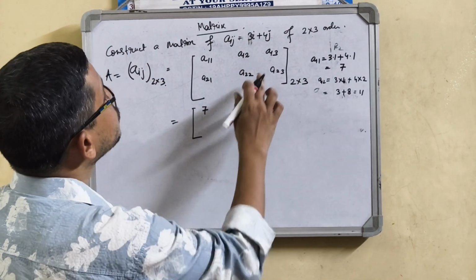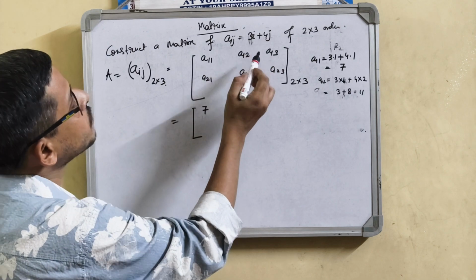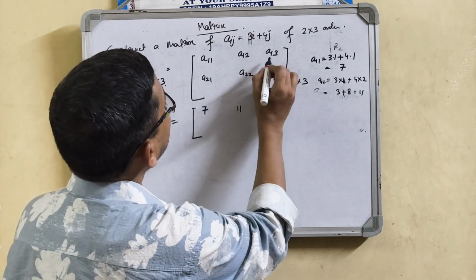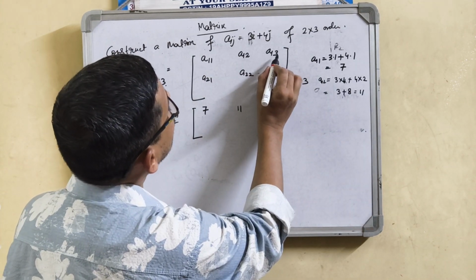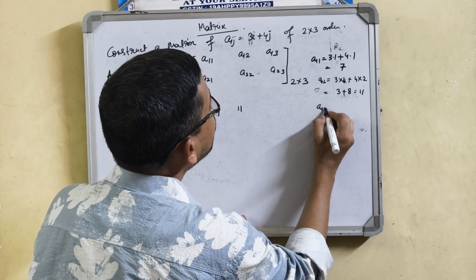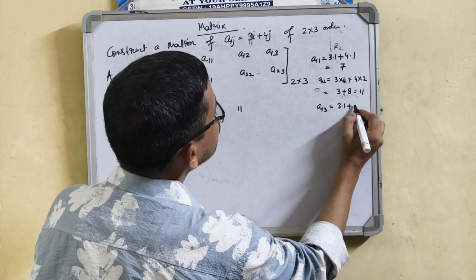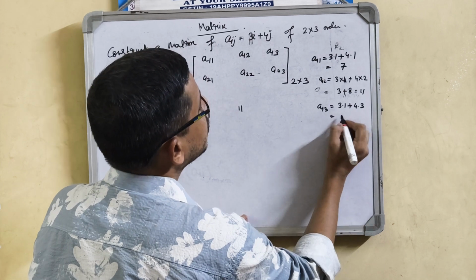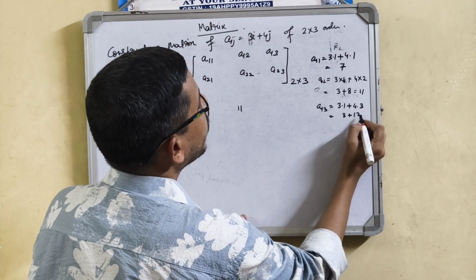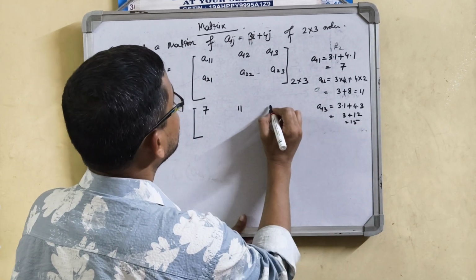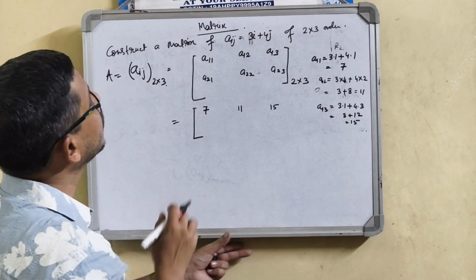Then A13: we substitute i equal to 1 and j equal to 3. So 3 into 1 plus 4 into 3, that is 3 plus 12, equal to 15.